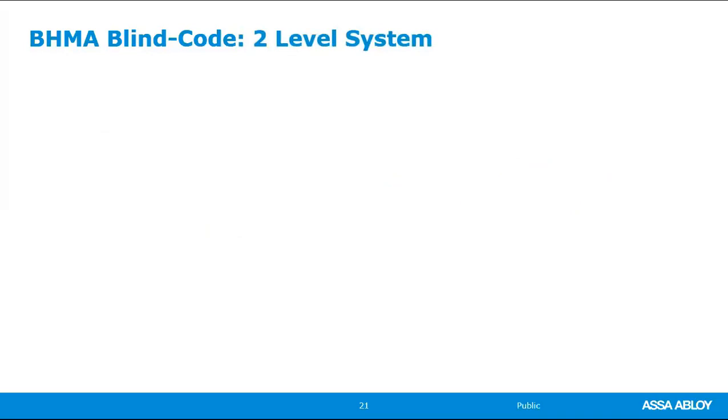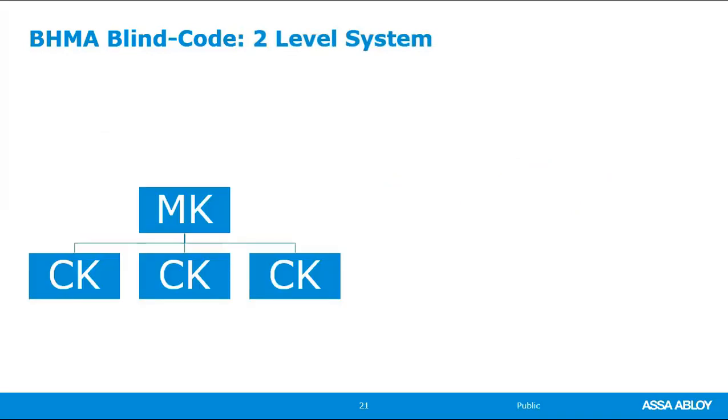A 2-level system has a master key followed by change keys. If you're a locksmith, many locksmiths, this is the vast majority of their master keying jobs. They go to a house where there's maids. They go to a restaurant where there's just a few different areas and the owner just wants a master key, but give everybody the different keys to their area. Is a 2-level system.